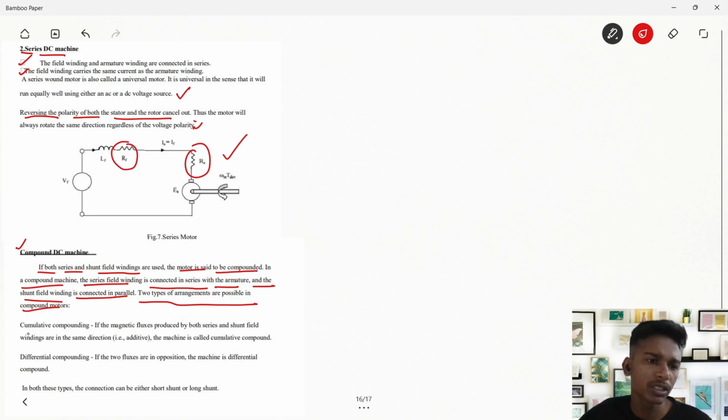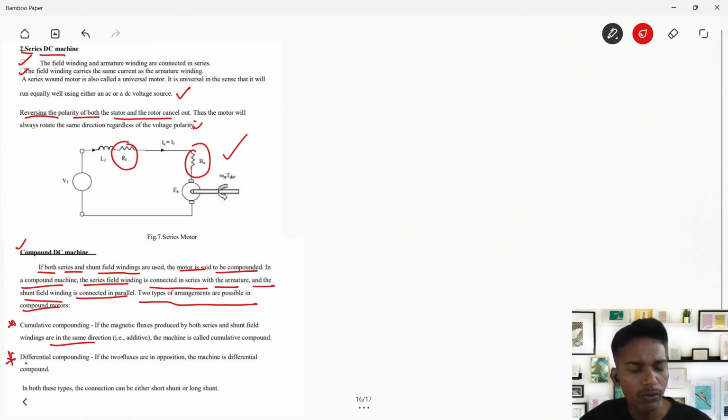In a compound DC machine system, we have two types of compounding: cumulative compounding and differential compounding. If the magnetic flux produced by both the series and shunt field windings are in the same direction, in the sense that both are adding up, the machine is called cumulative compound.